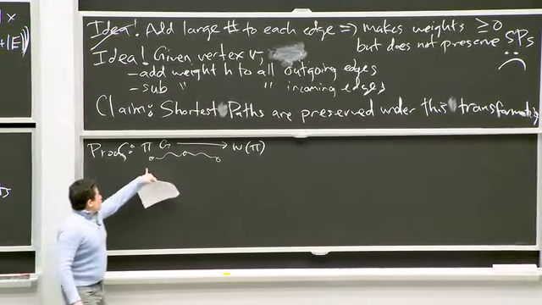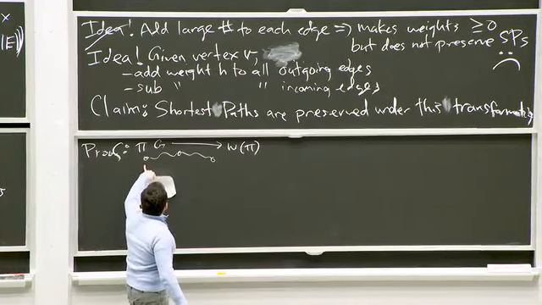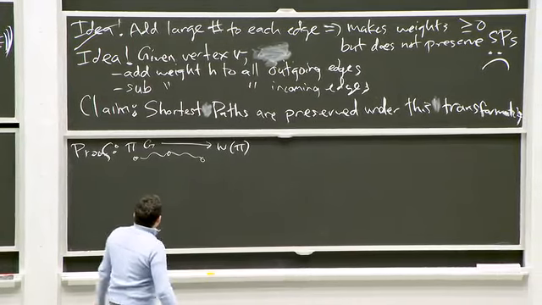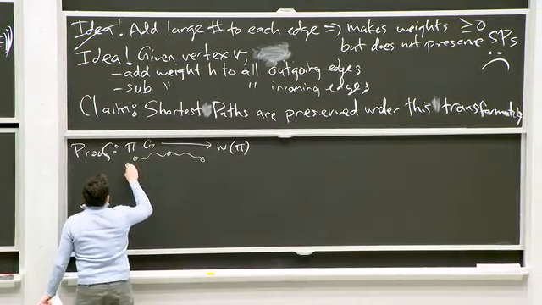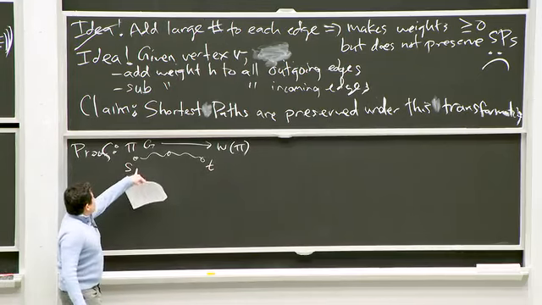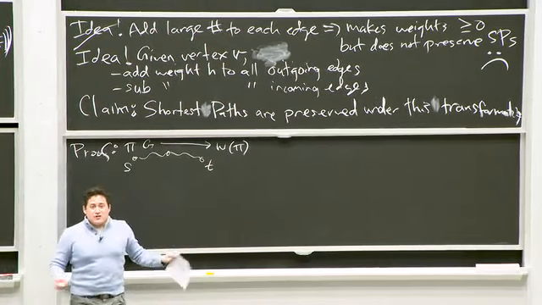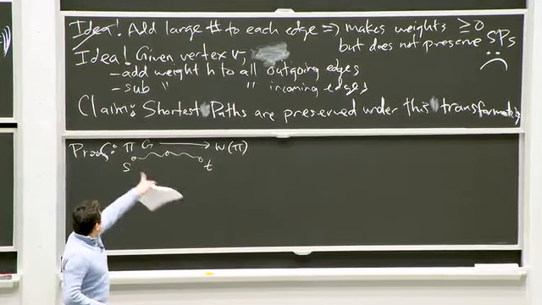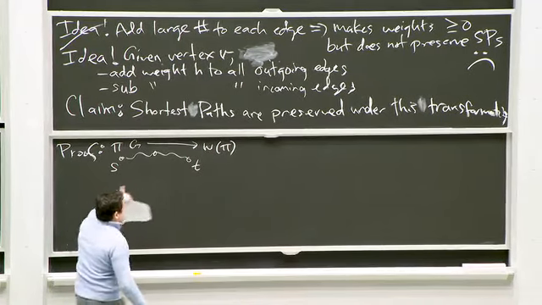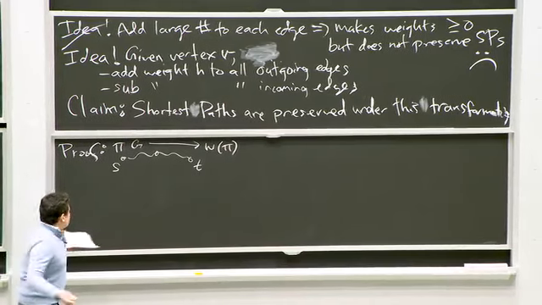It goes through V some number of times. Okay? So I'm going to say this is going from S to T. If it never crosses V, if it never touches V, the vertex that I transformed, then I argue that the path weight is the same, right? Because I didn't do anything to edges that are in this path.